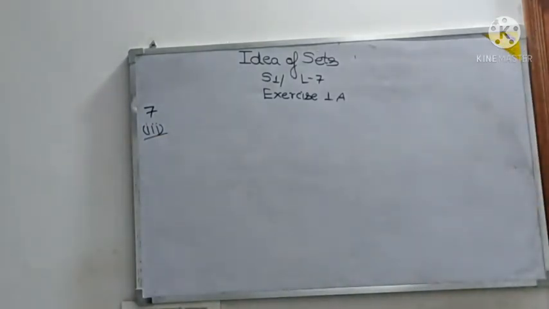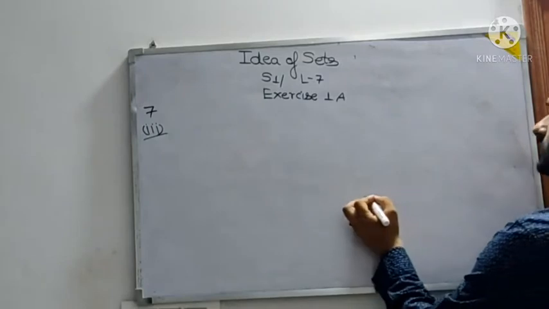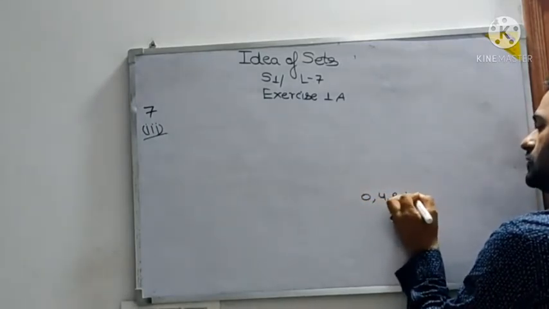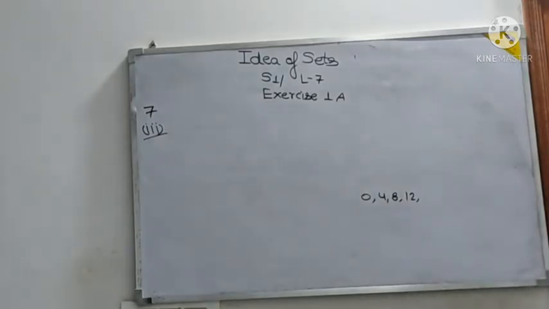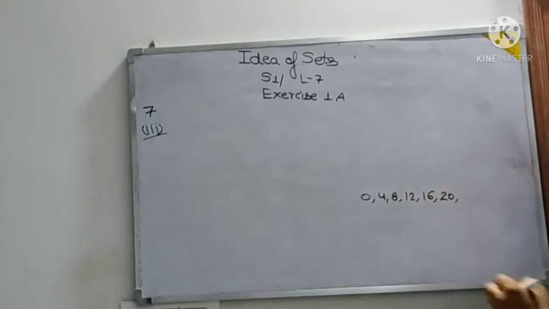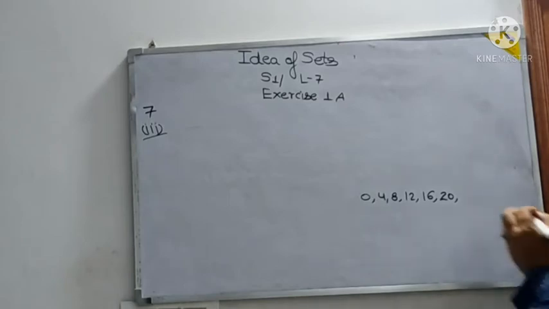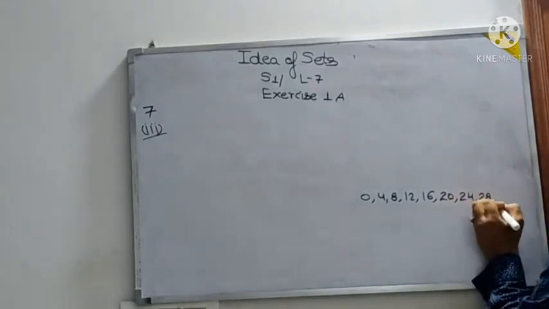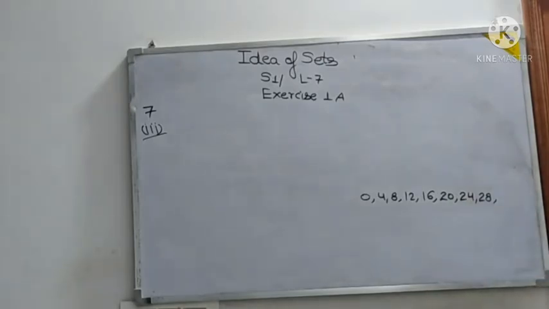now 0, 4, 8, 12. Let's see the sequence. 0, 4, 8, 12, 16, 20, 24, 28, 32, 36 and 40.